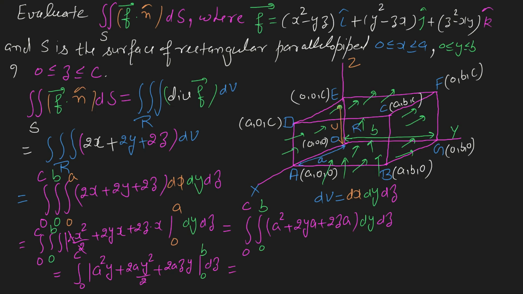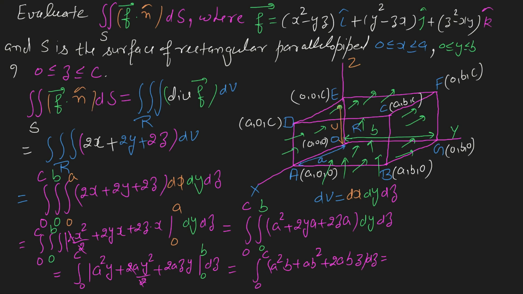So this is further evaluated as 0 to c, and this will be a square b, this 2 will cancel out, this will be ab square, and plus 2ab z, with respect to z.